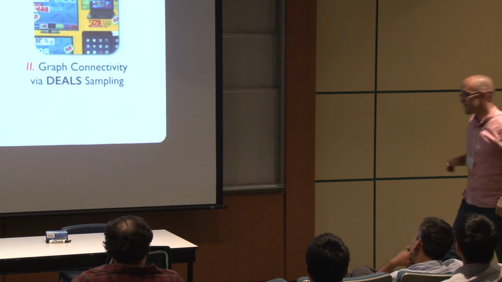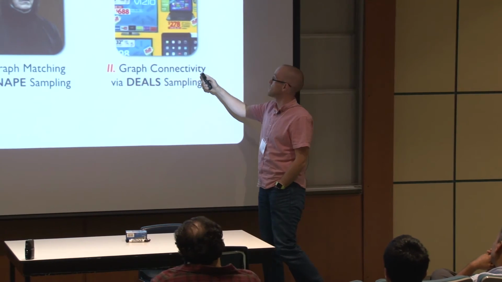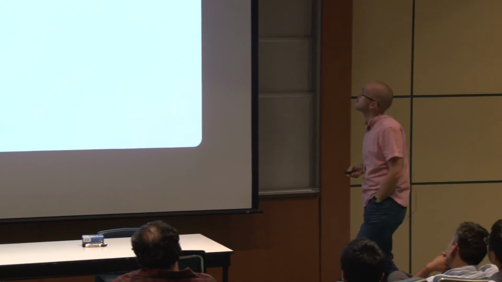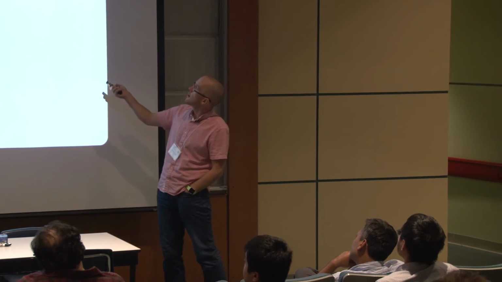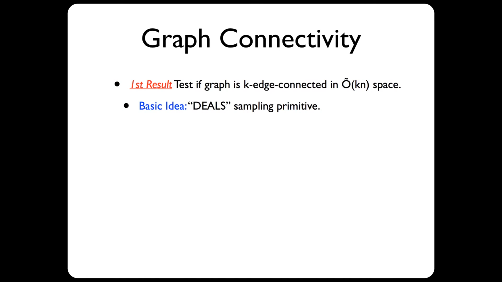Well, the other type of sampling, which I can probably fit into 7 minutes quite easily, is called deal sampling. OK, so let me mention the results for this last part of the talk. So, your dynamic data stream model, edges coming in, going out.